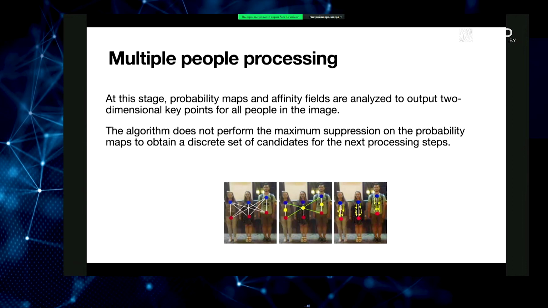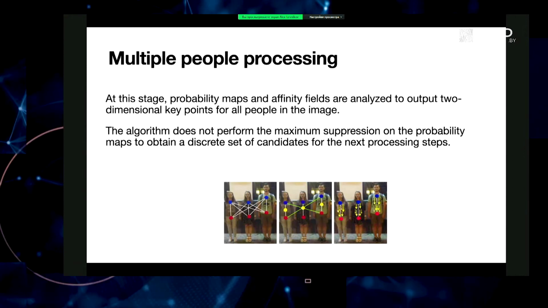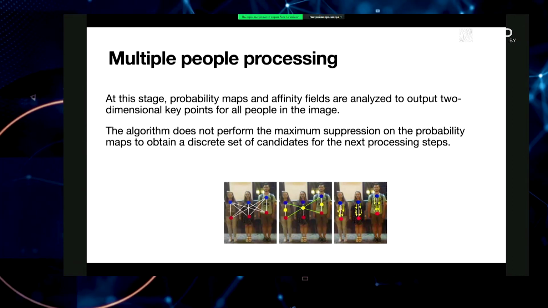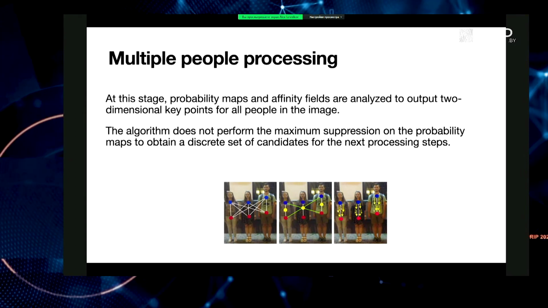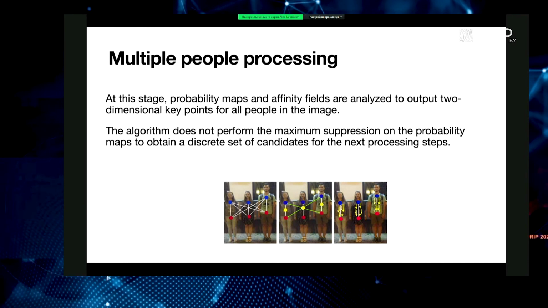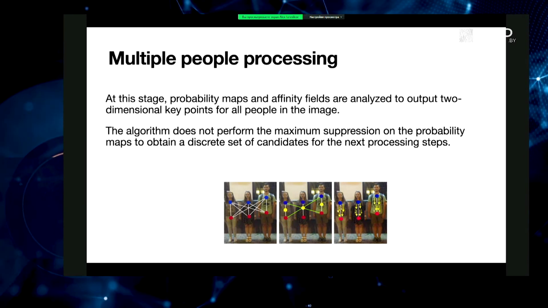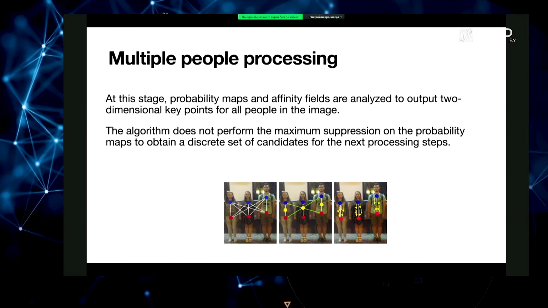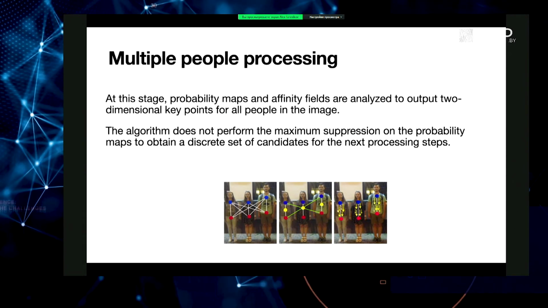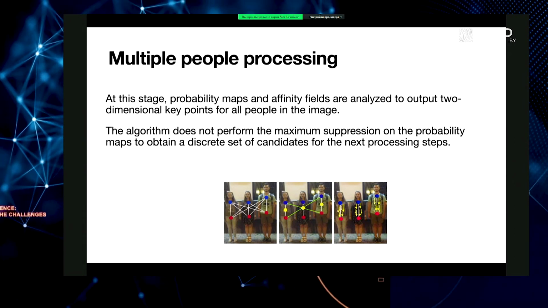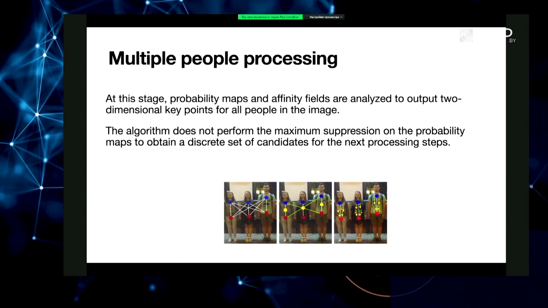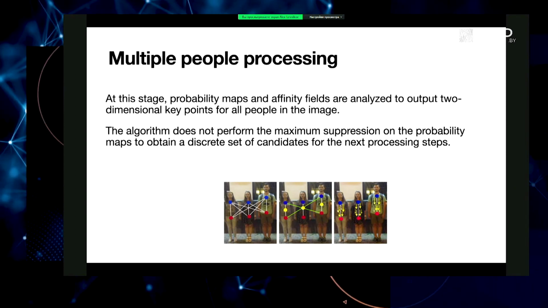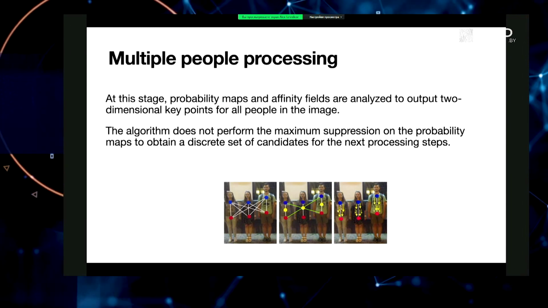Next, after having all the body parts together, we have to separate them and understand which person owns which body part, right? To solve this problem, we use graphs, because it is the most convenient approach for that.